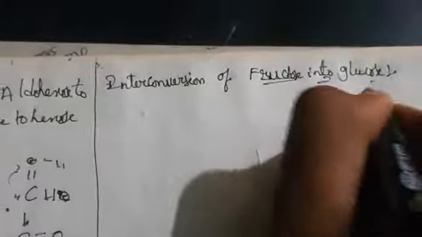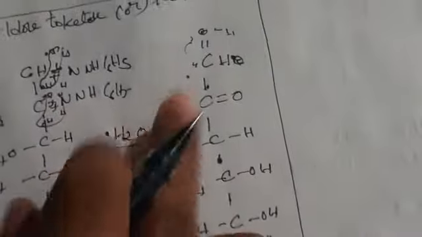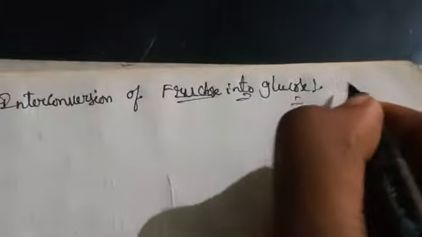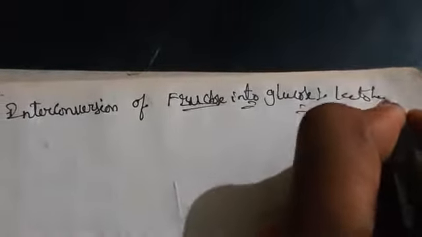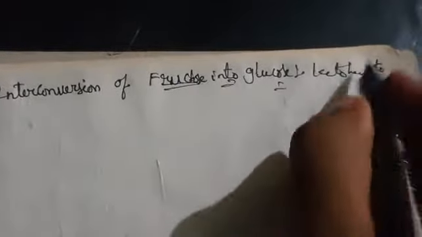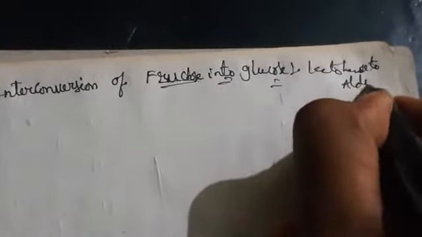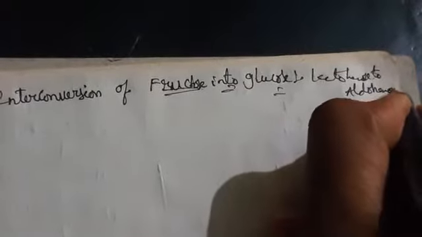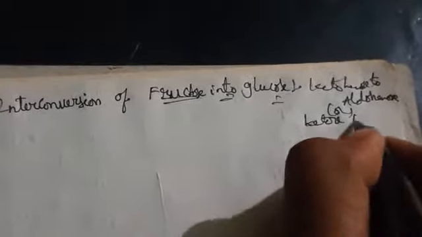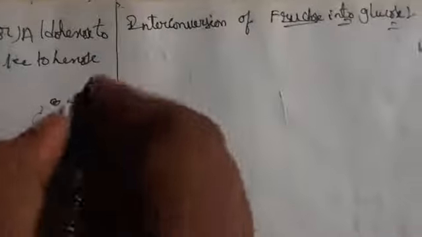Already we have done glucose to fructose, but here we are converting fructose to glucose, which means we have to do the reverse. So this one is ketohexose to aldohexose, or ketose to aldose.